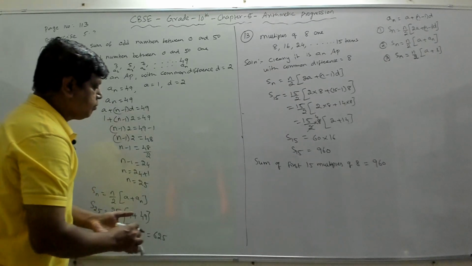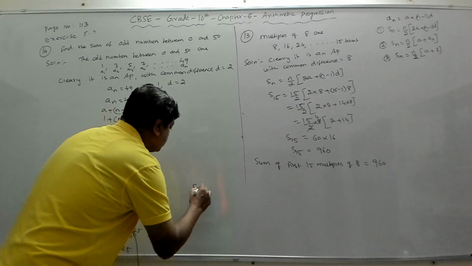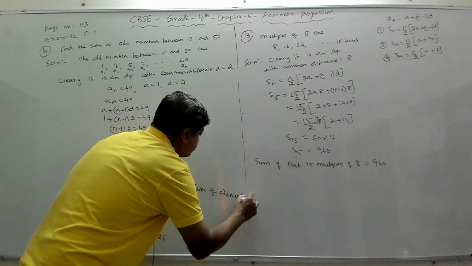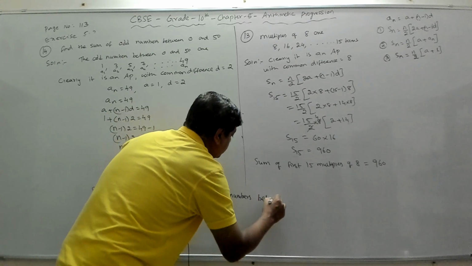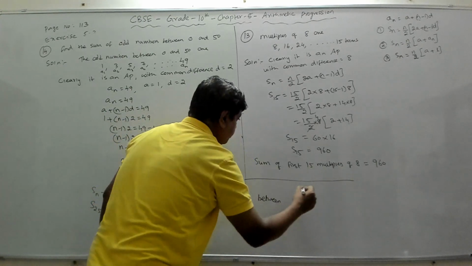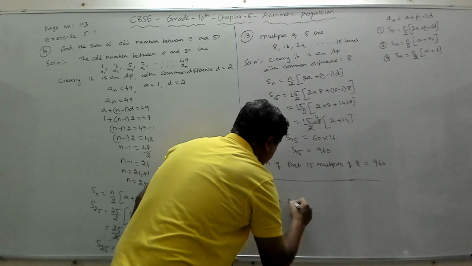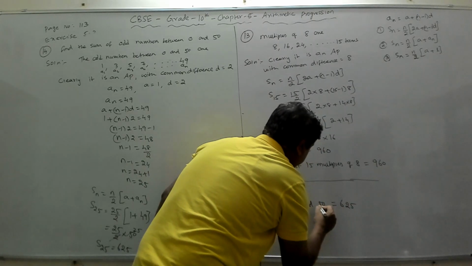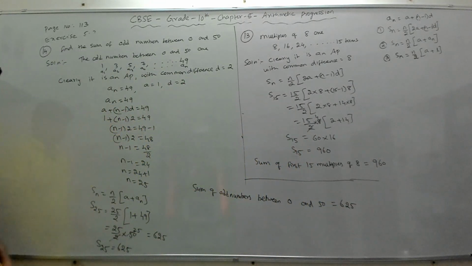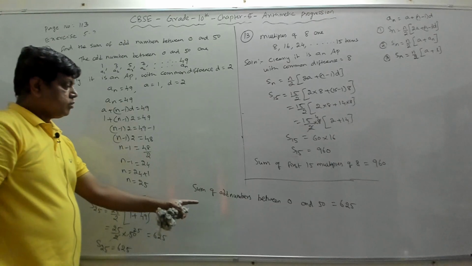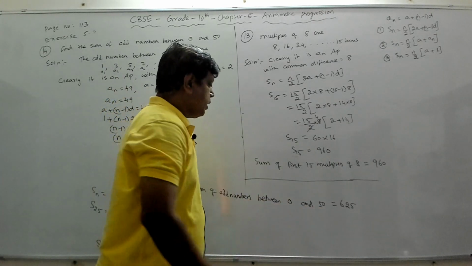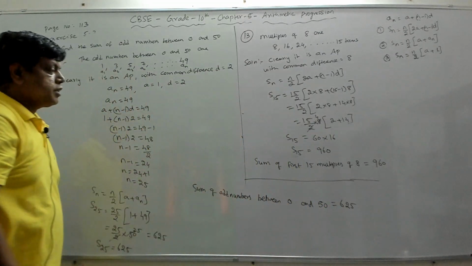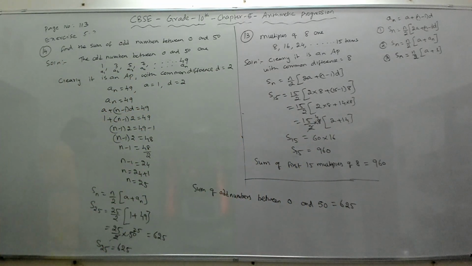So the conclusion is the sum of odd numbers between 0 and 50 is equal to 625. Fine.